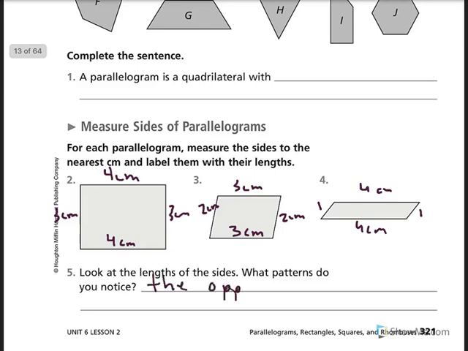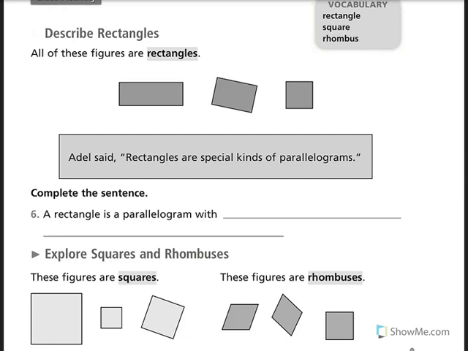The opposite sides are the same length as well as being parallel. All right, let's go ahead and move on.